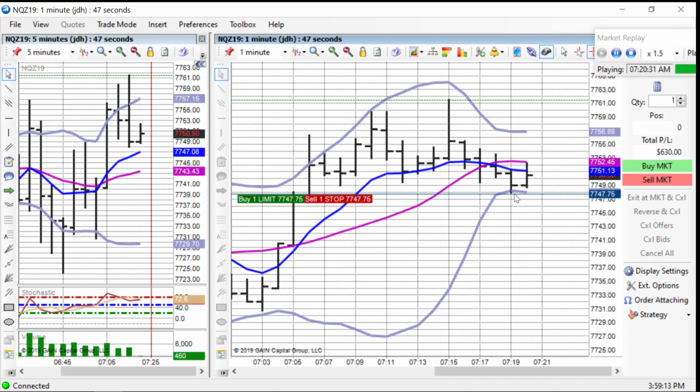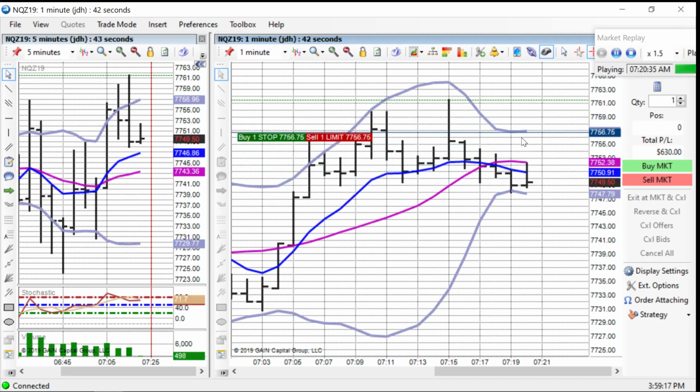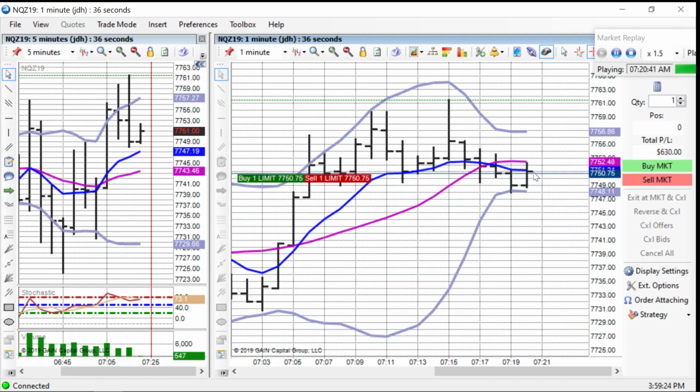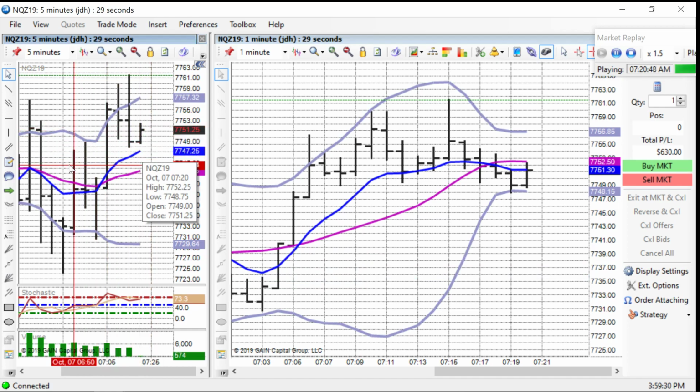That tells me the most likely thing to happen here is a bounce back upward. And so you wouldn't want to be a short trader on this side of the market right here. I'm waiting for a crossover back to the upside, and that's what it looks like it's doing here on the 5-minute chart.